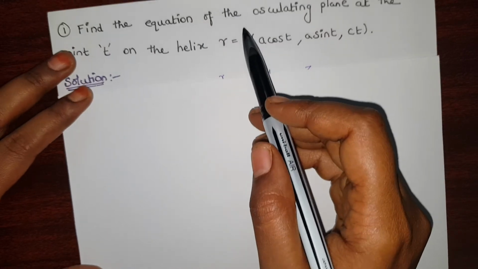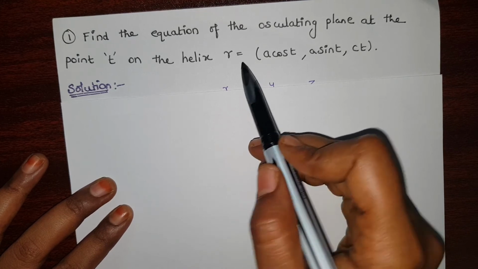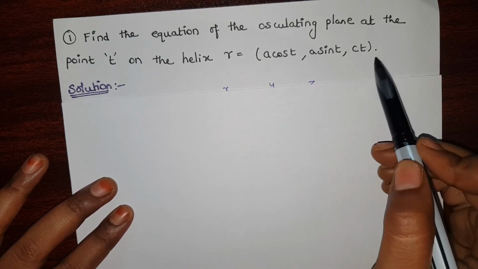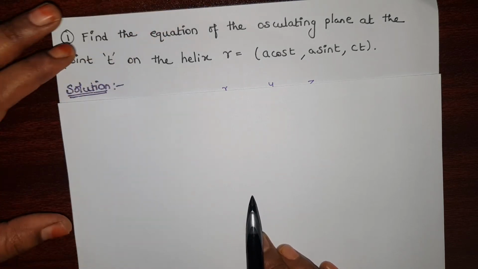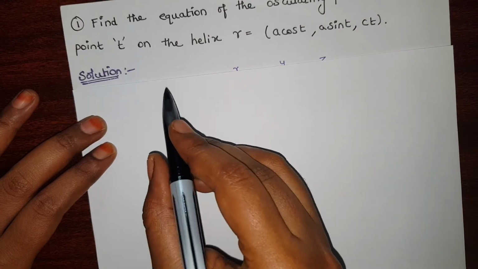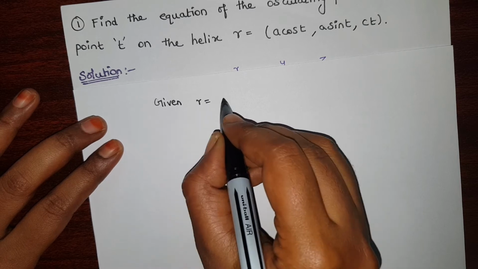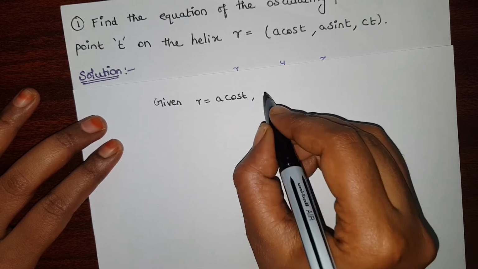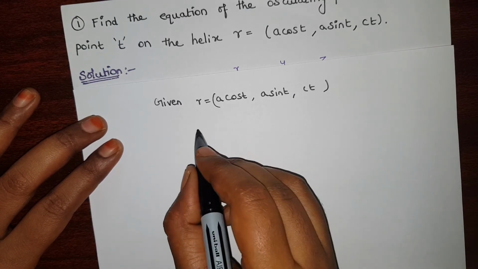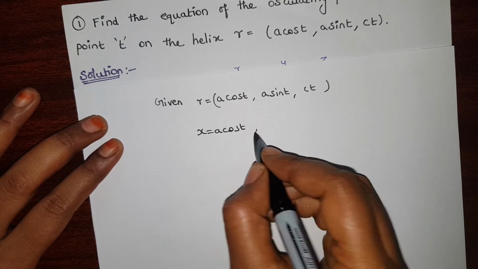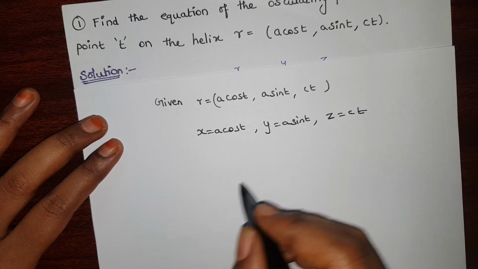Find the equation of the oscillating plane at the point t on the helix r equal to a cos t, a sin t, ct. We want to find the equation of the oscillating plane. Solution. Given r equal to a cos t, a sin t, ct. Here x equal to a cos t, y equal to a sin t, and z equal to ct.